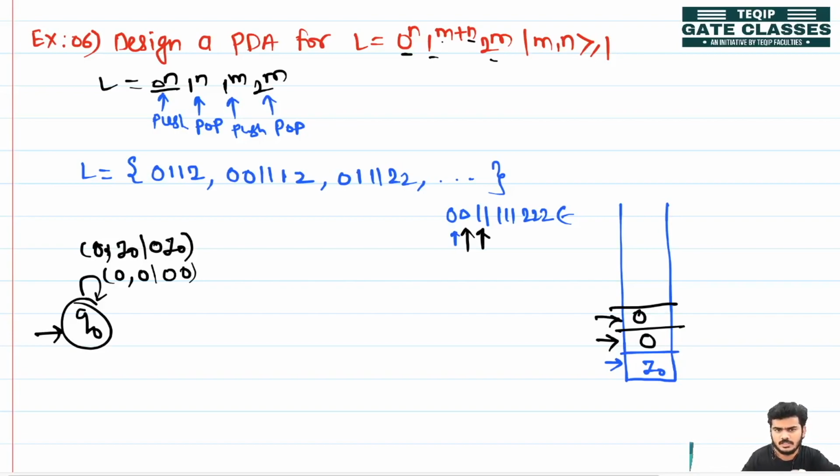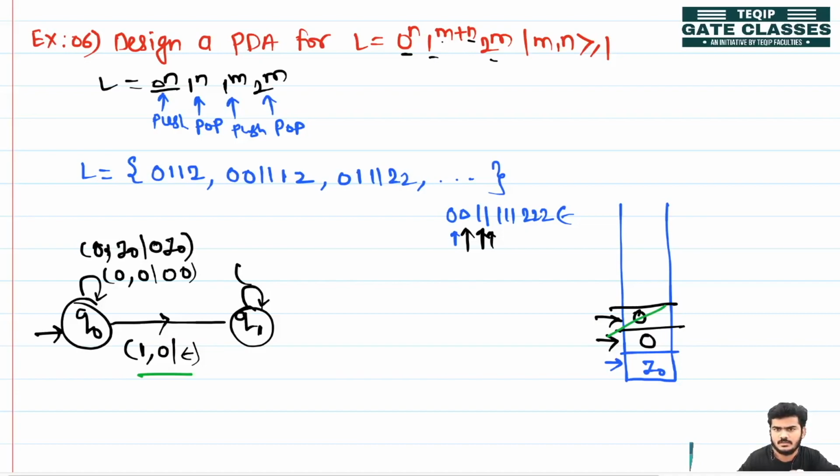Whenever 1 starts occurring, I have to change the state and do the popping. If 1 is the input symbol and the top of the stack is 0, then I have to pop. Similarly, for all the ones, I will do the same thing. So when I came to this 1, by using this operation, I have popped this 0.